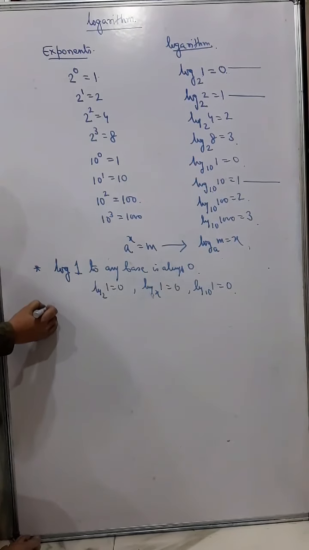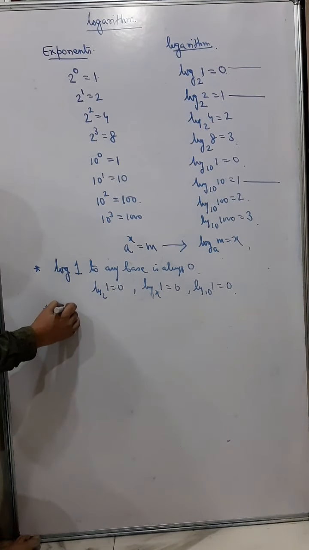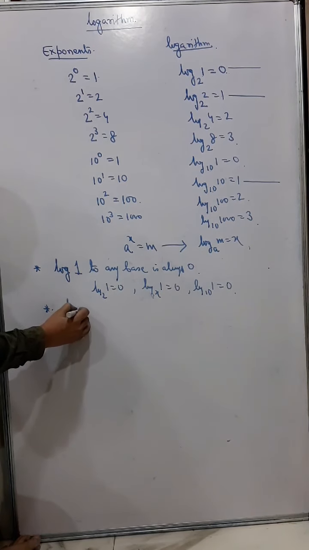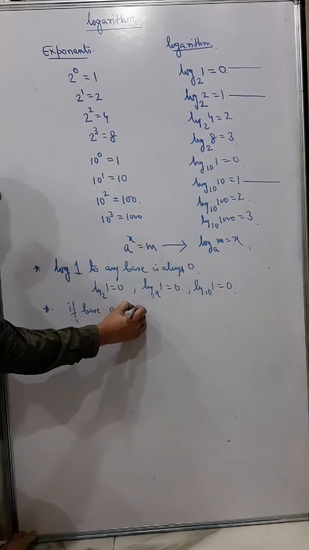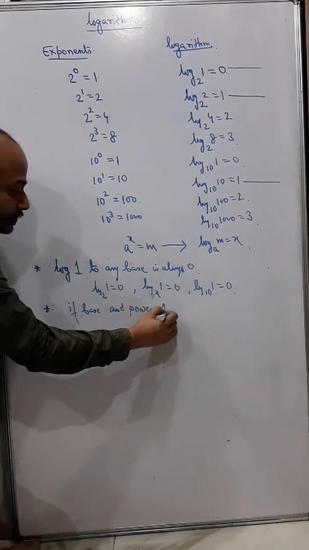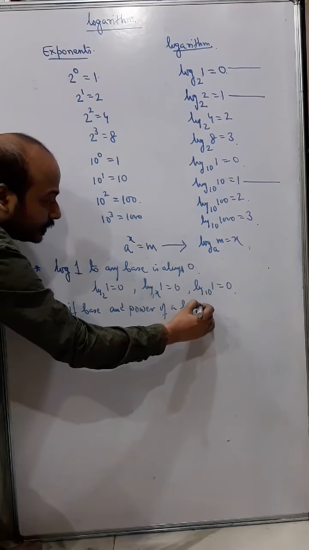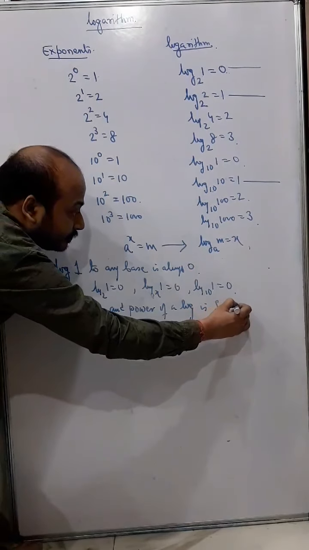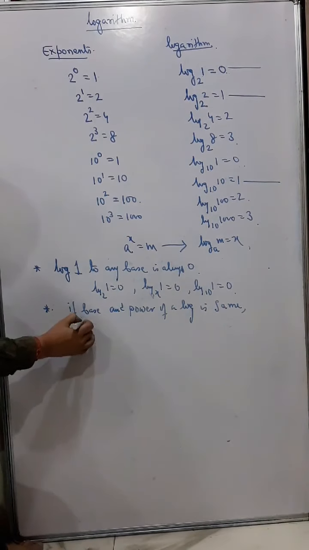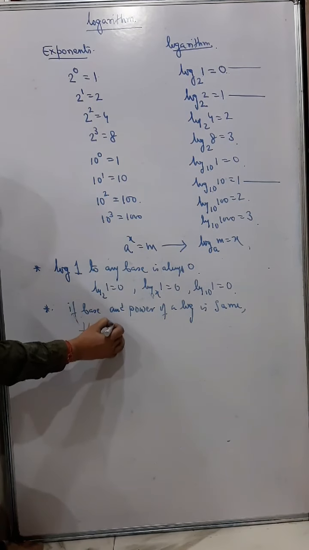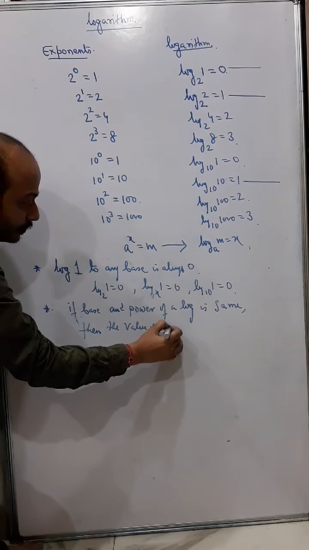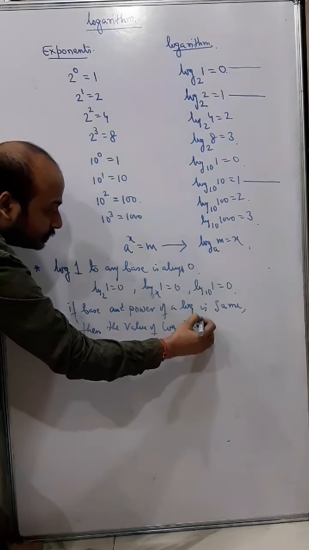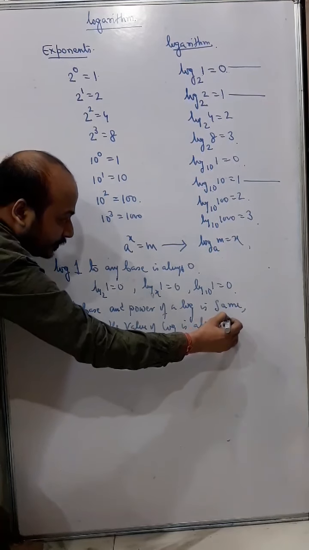Another conclusion is that if base and power of a log is same, then the value of log is always 1.